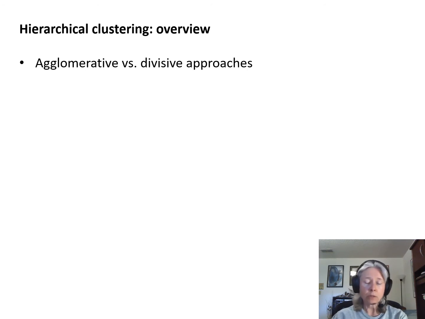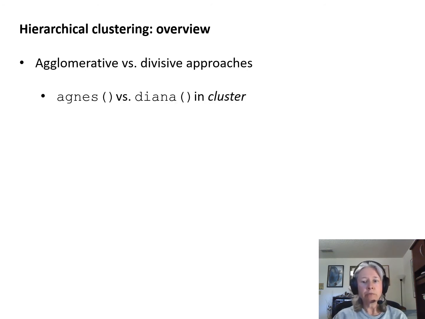There is an R package called cluster that has two functions that allow you to do agglomerative or divisive cluster analysis. Those are Agnes for agglomerative and Diana for divisive clustering. And you can type in ?Agnes and ?Diana in R to pull up help and find out more details about these.